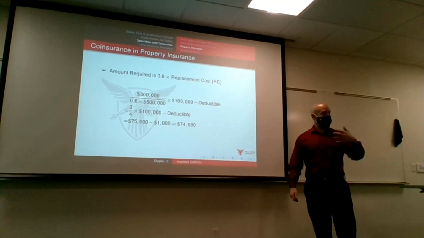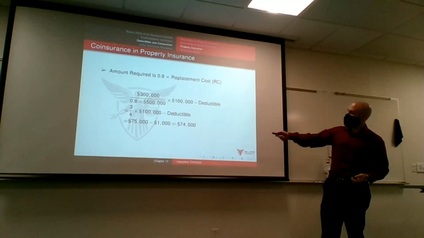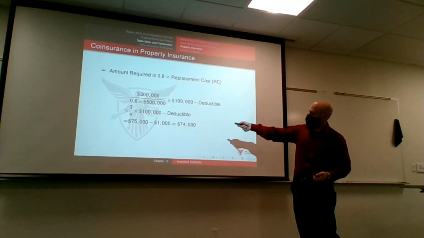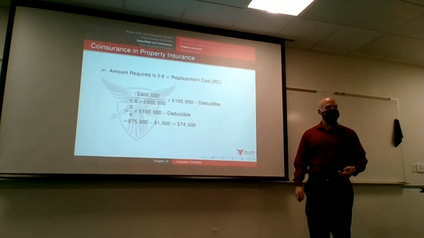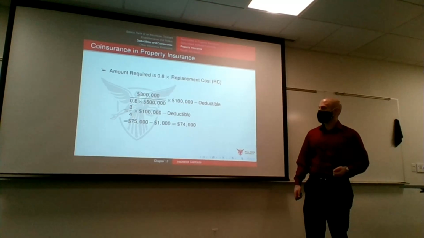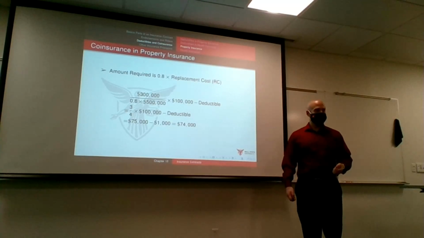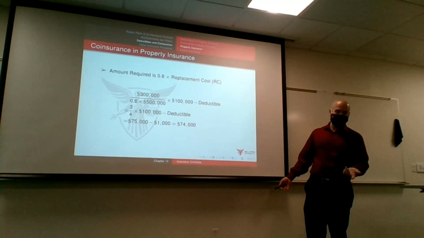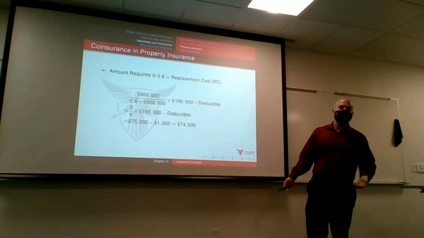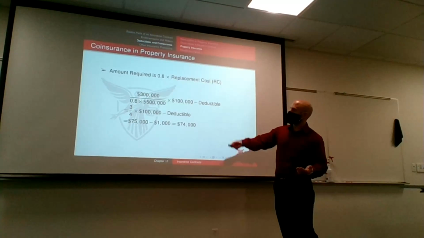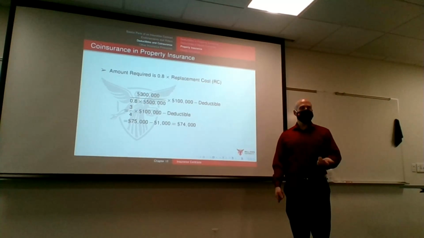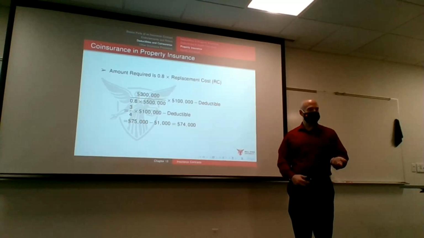Using the same examples I actually gave you guys earlier, they're saying replacement cost is $500,000. You need 80% of that to get full coverage. So what would that be? You need 400,000. So again, that's the same example I gave. What did you purchase? 300,000. So you're really at 3/4 or 75% coverage here.